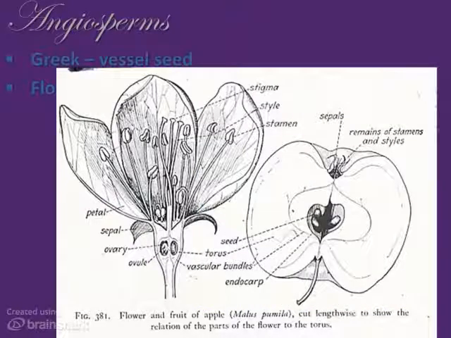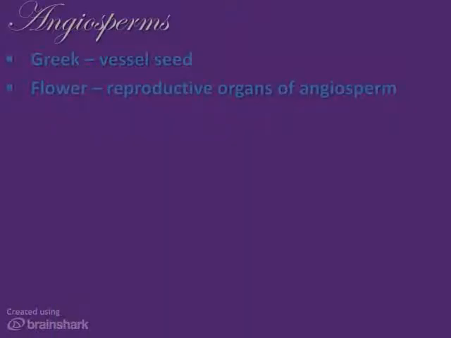So, to recap things here, angiosperms are vessel seeds, or seeds in vessels. The flower is the reproductive organ containing ovaries that surround and protect the developing seeds, and male reproductive parts including the stamen and the pollen grain.